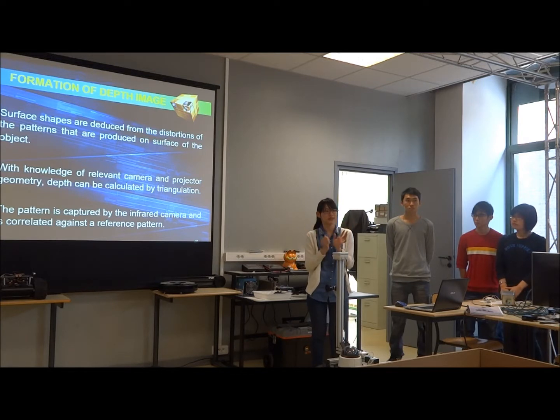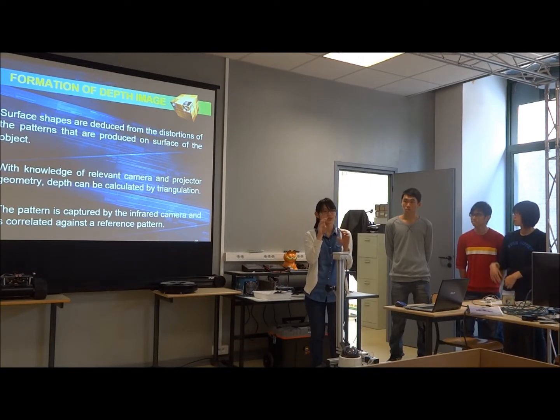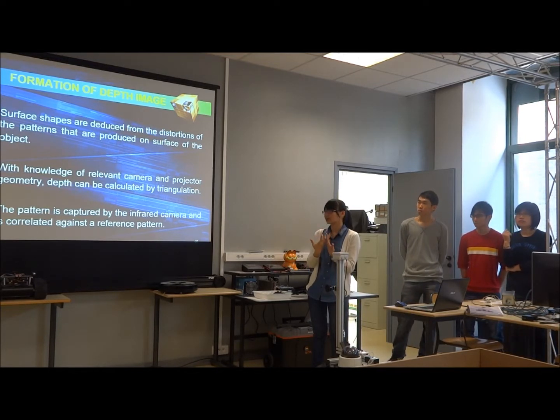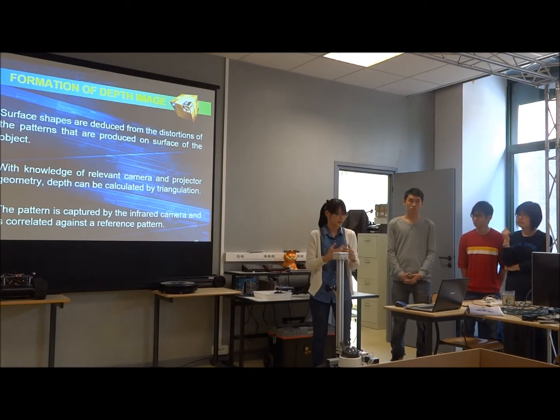So you have a reference pattern, and then when you have the successive images you capture, because with the Kinect you don't only capture one image, maybe you capture a few images, the first image will be taken as a reference pattern, and it will be compared with the successive image to calculate the depth.